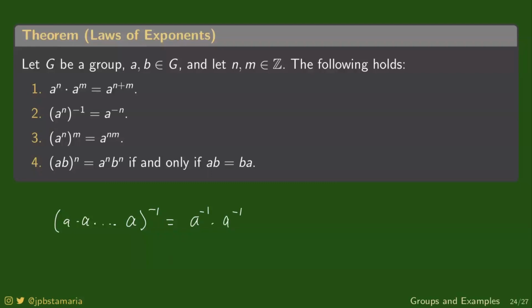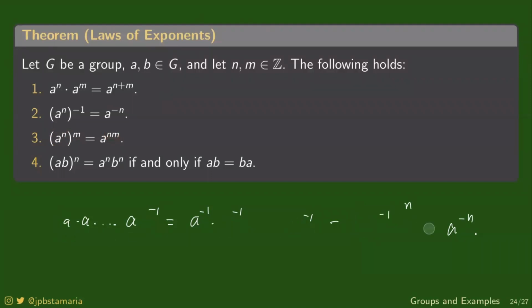Uno mo lang inverse ng bawat isa, but in a reverse order. But order here doesn't matter kasi pare-parehas A yan. Okay, that's A inverse to the n. So therefore, that's A to the minus n by definition. Okay? If you have m copies of n copies of A, all in all, that's n times m copies of A. I don't think I need to explain all of this because these are intuitive, no?